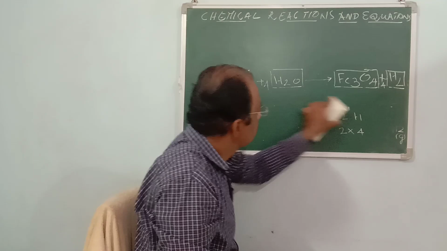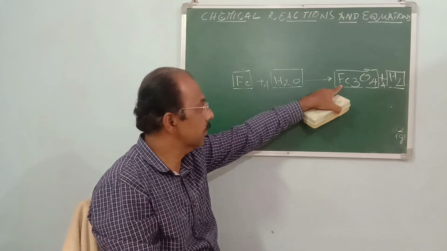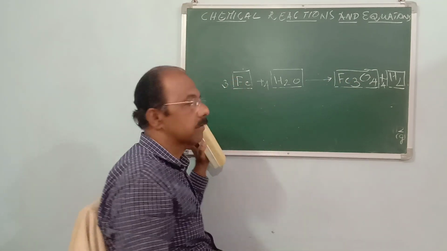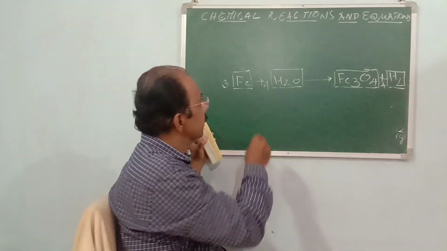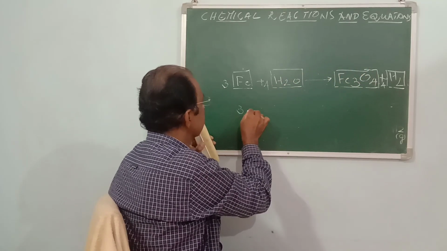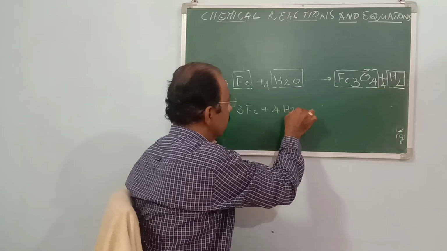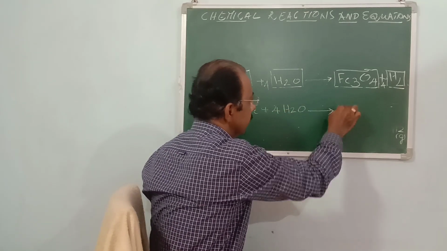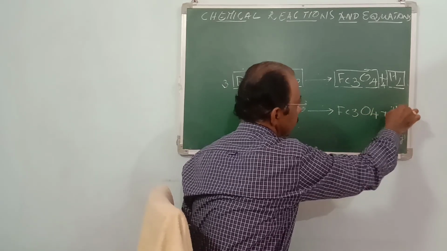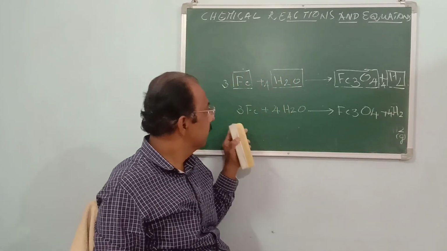What is left? Iron. There are 3 atoms of iron in the iron oxide on the product side, and here we put 3 as a coefficient. So the final reaction, excluding our boxes, is 3Fe plus 4H2O gives Fe3O4 plus 4H2, 4 molecules of hydrogen.